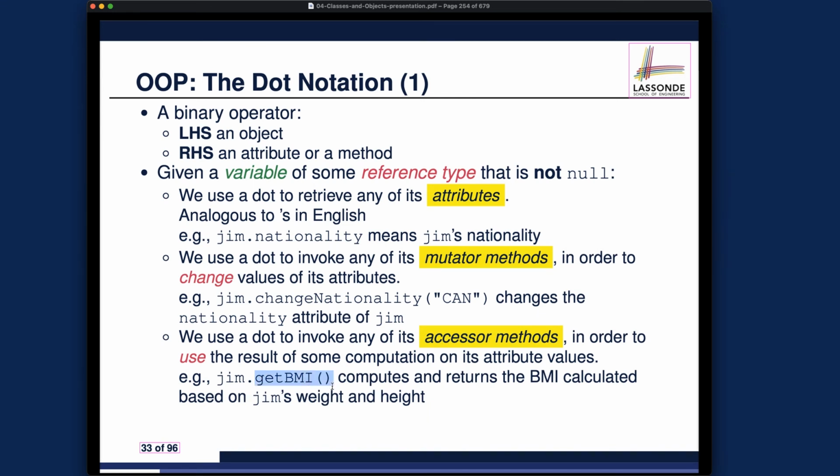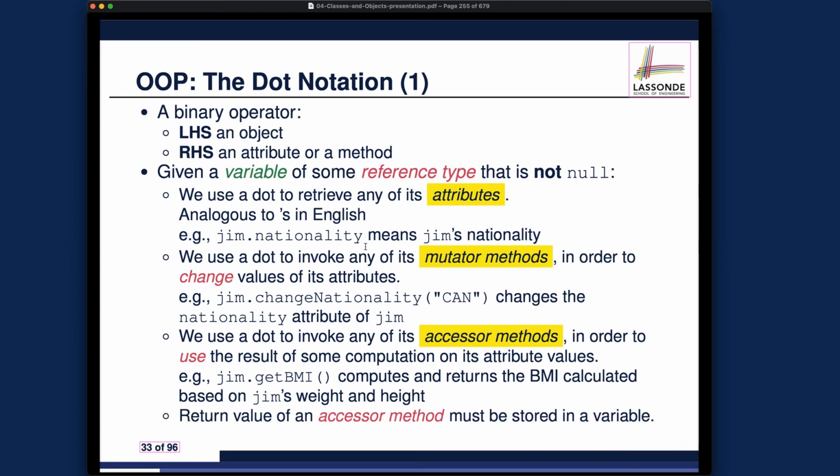And as I show in the tutorial videos, whenever you say the context object dot, what that means is you look up the address that is stored in the context object, go to the memory for the object, and then apply whatever you want, either the mutator method, the accessor method, or the attribute, for the context object, right? That's the simple usage for dot notation. We will see next week how you can use multiple dot notations in an expression. That'll be something I will explain in detail next week.